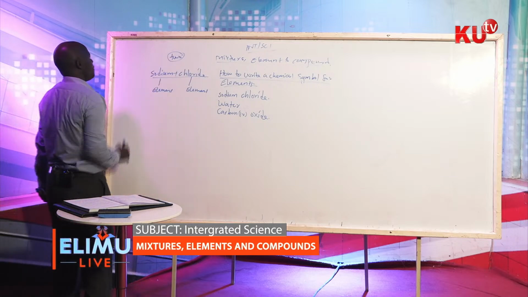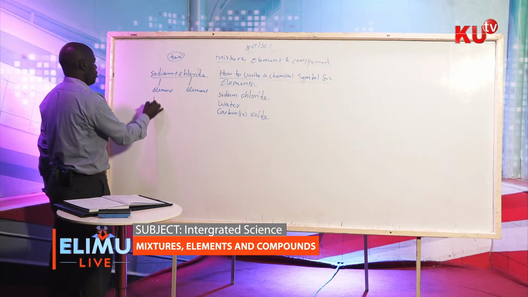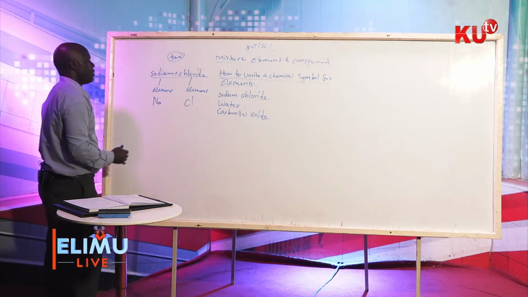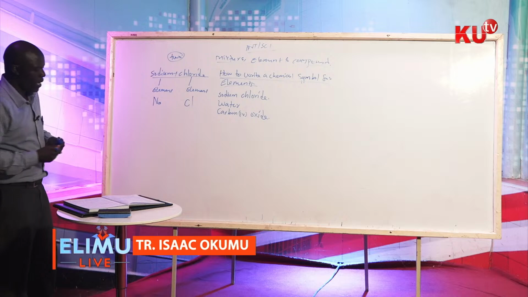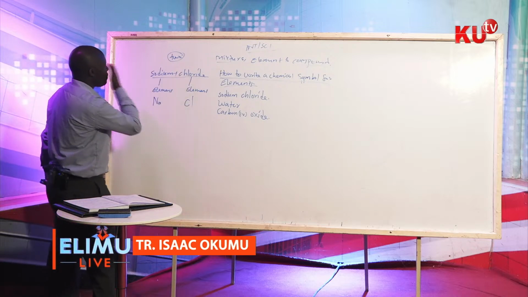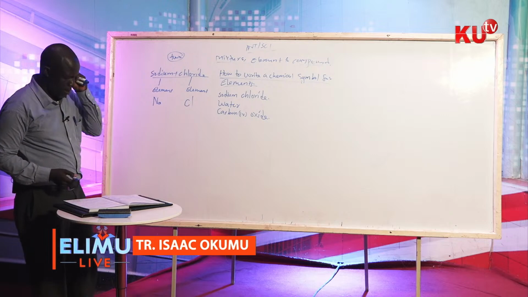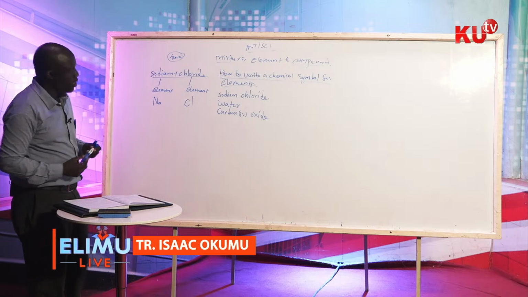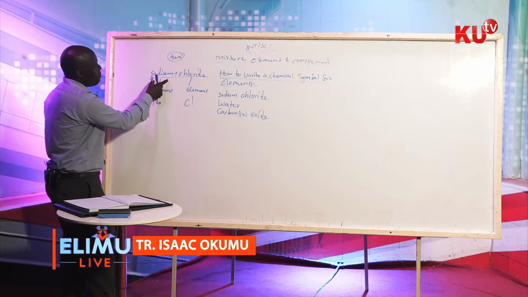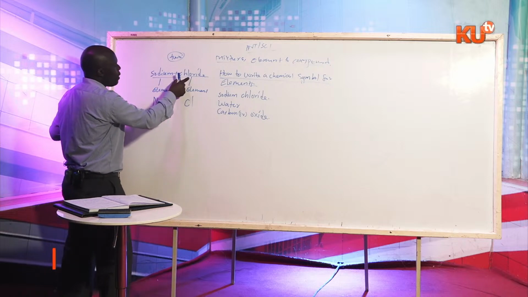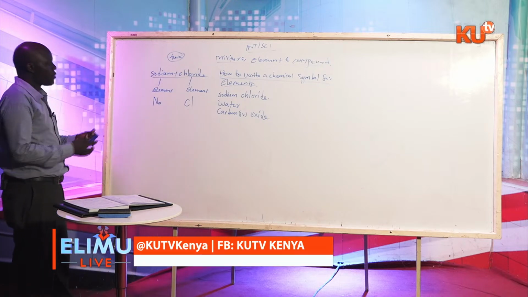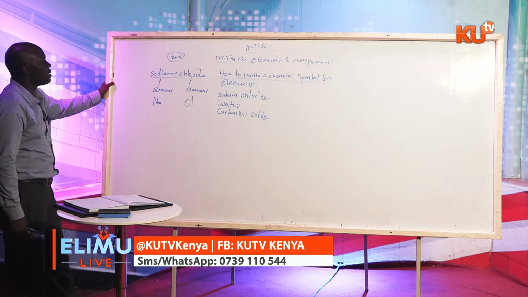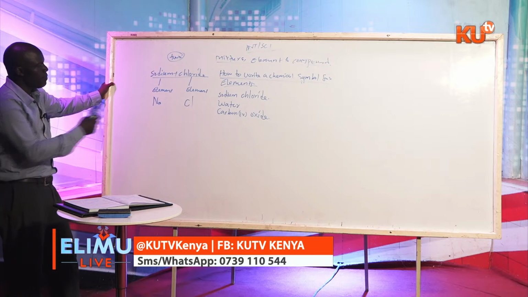So sodium has its chemical symbol, which is this. Then we have chlorine, which is that. Now, when we want to form the chemical formula for sodium chloride, we are going to consider the elements which make up the compound called sodium chloride. Which are those elements? Sodium and chlorine. So how do we write the chemical formula?